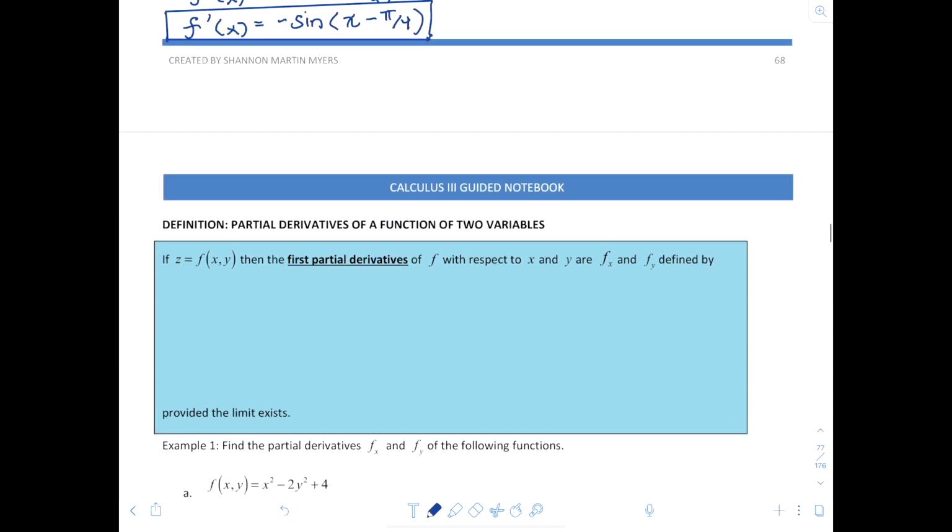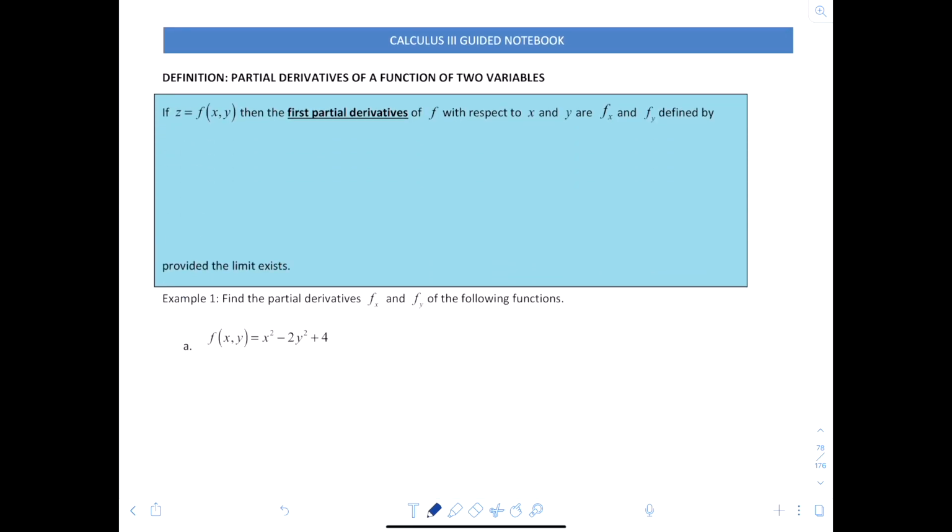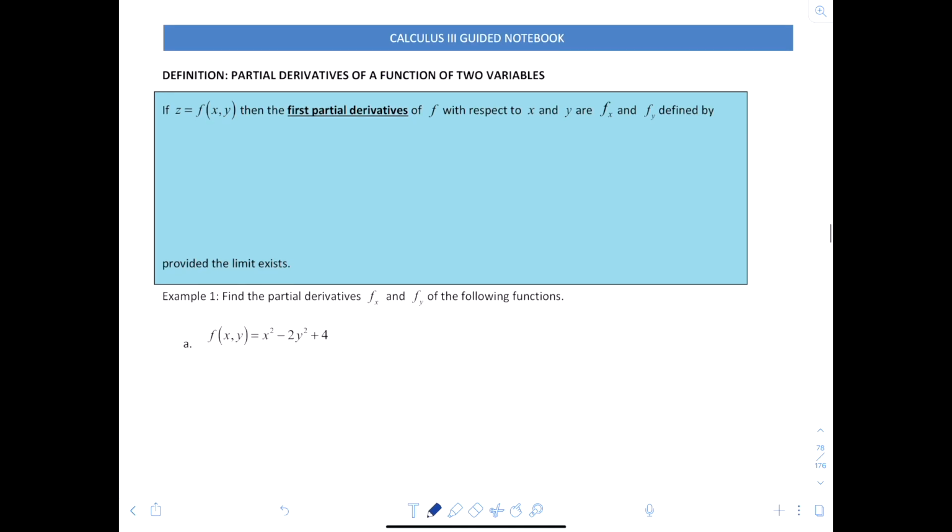Awesome. All right, so now coming up on our first definition, partial derivatives of a function of two variables. If z equals some function in x and y, then the first partial derivatives of f with respect to x and y are fx and fy, defined by. So fx at x and y will equal our limit definition.